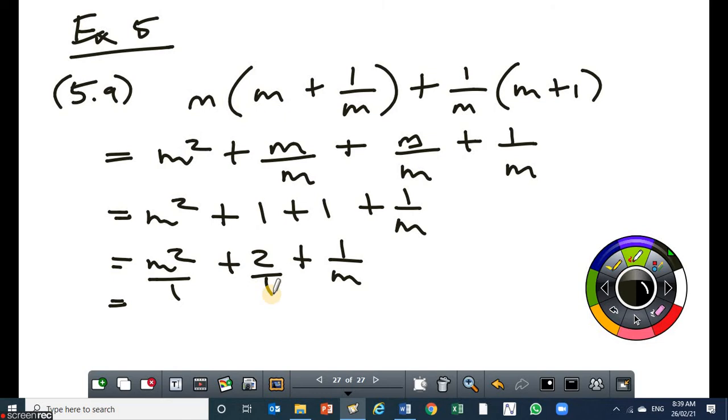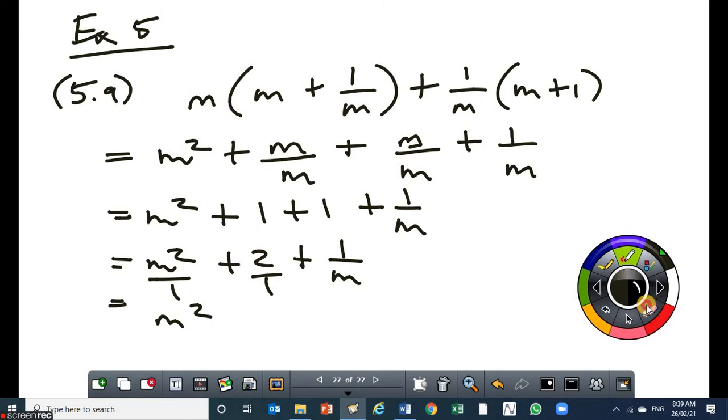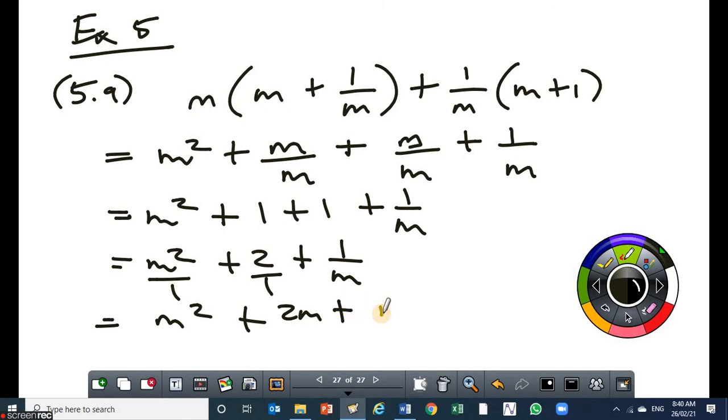So I'll multiply the first term by m, numerator and denominator, and I'll get m squared, plus 2m plus. Now here, the denominator is equal to the LCD. So we just write plus 1 there, all over m.